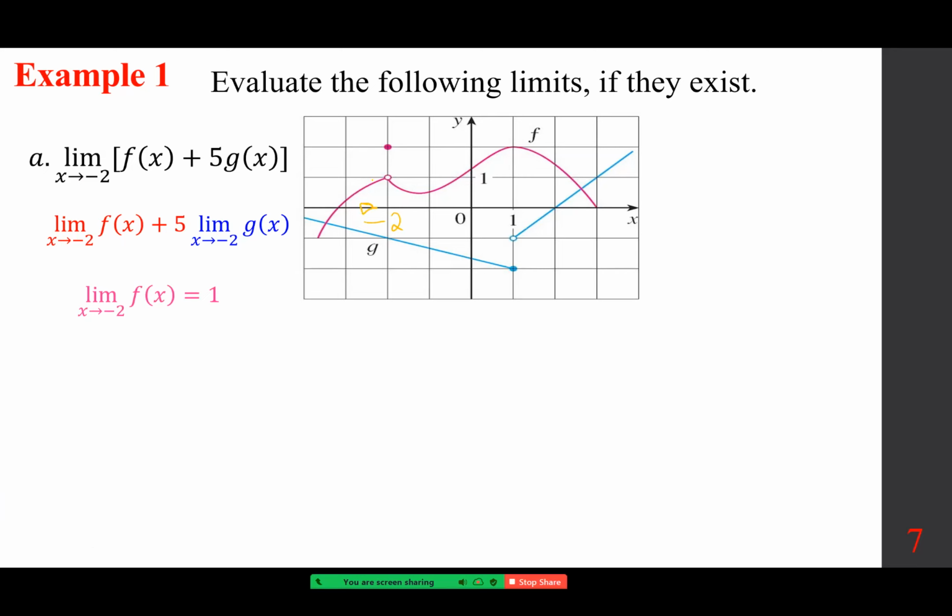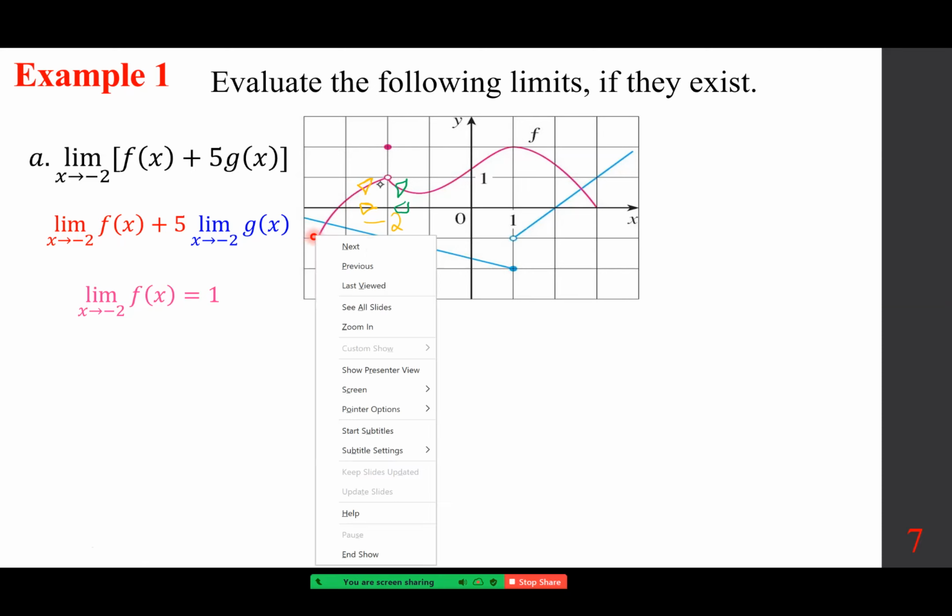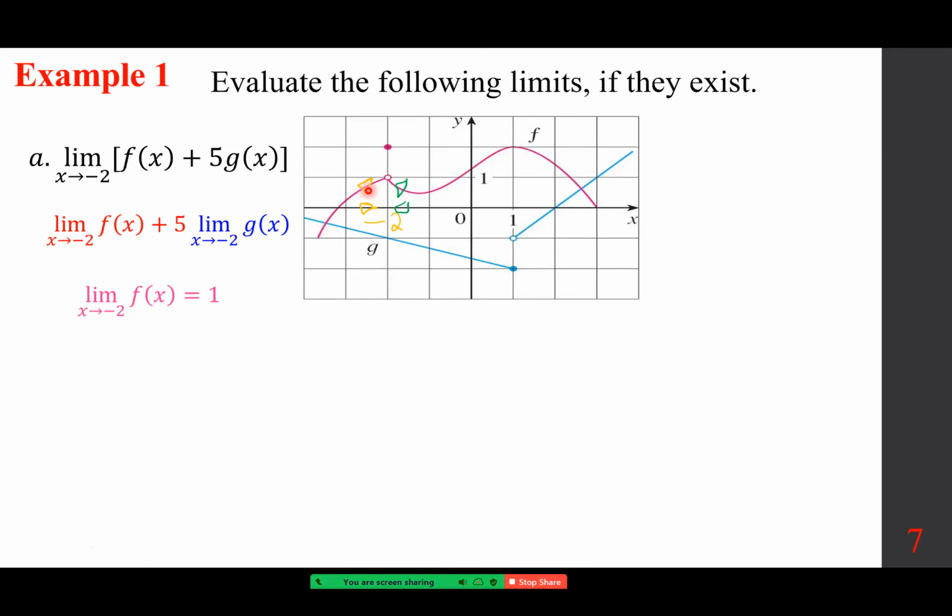Here's the left side of that, and we are moving in this direction on the curve. If we're coming from the right side, we are moving in that direction. And whether we come from the left of the graph or the right side, we are moving towards this hole, which gives us the y coordinate that has the coordinate 1. Therefore, the limit of f of x as x approaches negative 2 is 1.